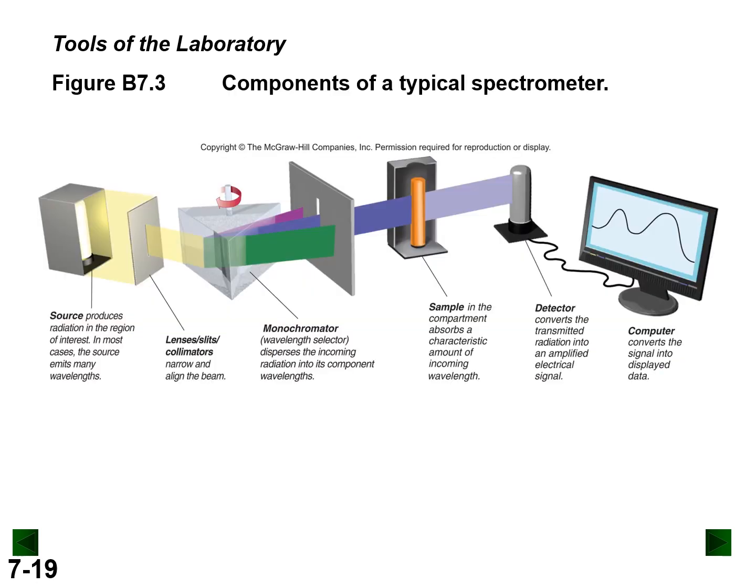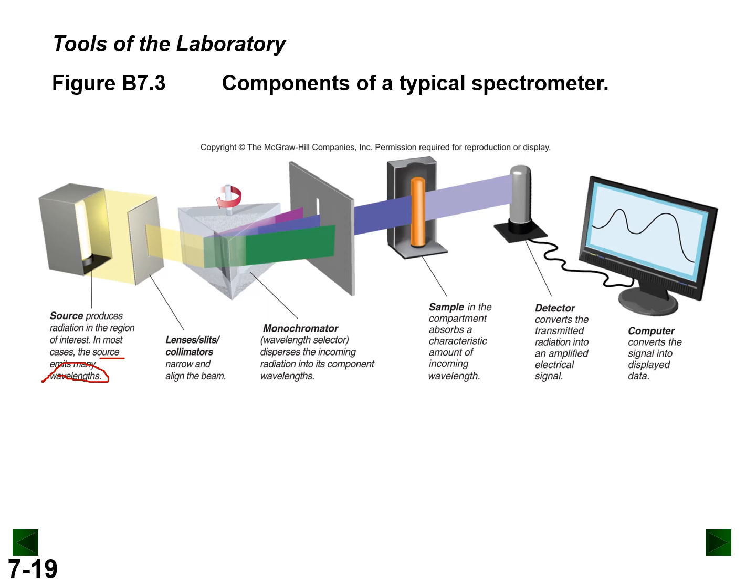These are examples of the application of UV-visible light. From this figure we can see that the source emits many wavelengths. And then what happens?